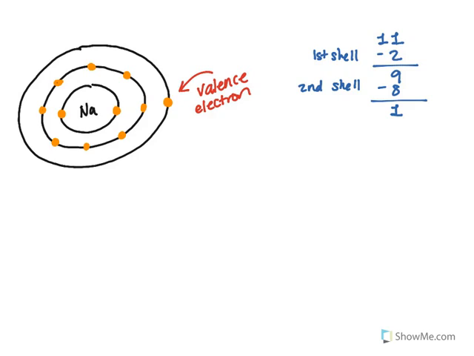Sodium has 1 valence electron. I'll go ahead and finish my math just to show you the third shell had 1 electron. No more electrons to give. This is how you find valence. There's also a neat little shortcut that I'll let you guys figure out on your own as well. I want to teach you this way so that you can appreciate what electron shells are and how we arrive at valence electrons.